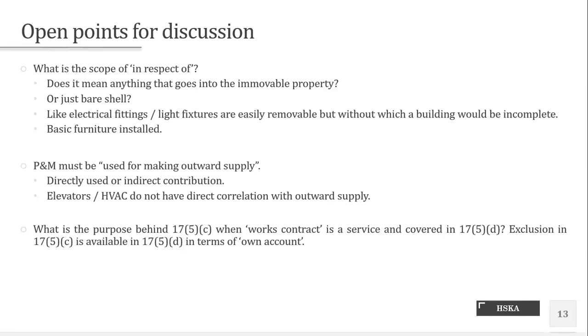If it is above some number of floors, I think 5 floors, without an elevator you cannot get approval. So at the time of plan sanction, you will say a statutory minimum of 3 elevators should be there: 2 passenger elevators and 1 service elevator. But it turns out that they have 10 elevators in the building. So then the 3 are what complete the building. The other 7 do not complete the building.